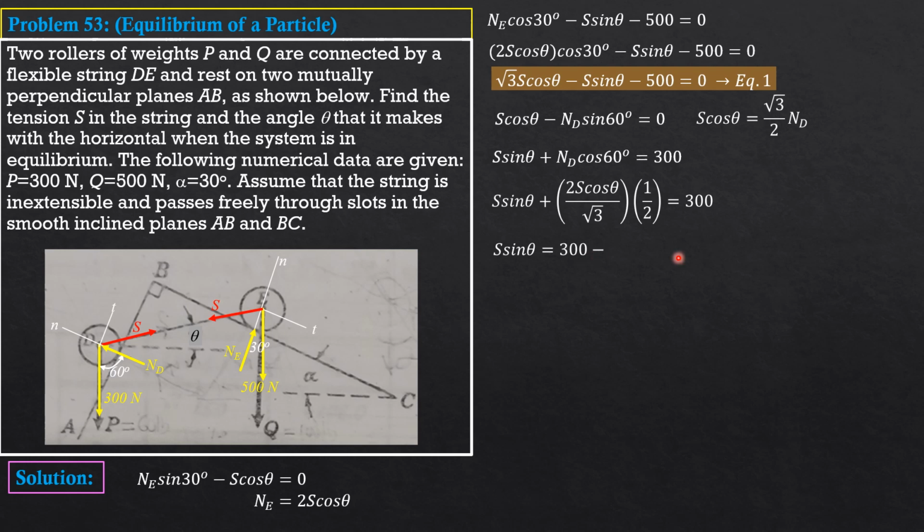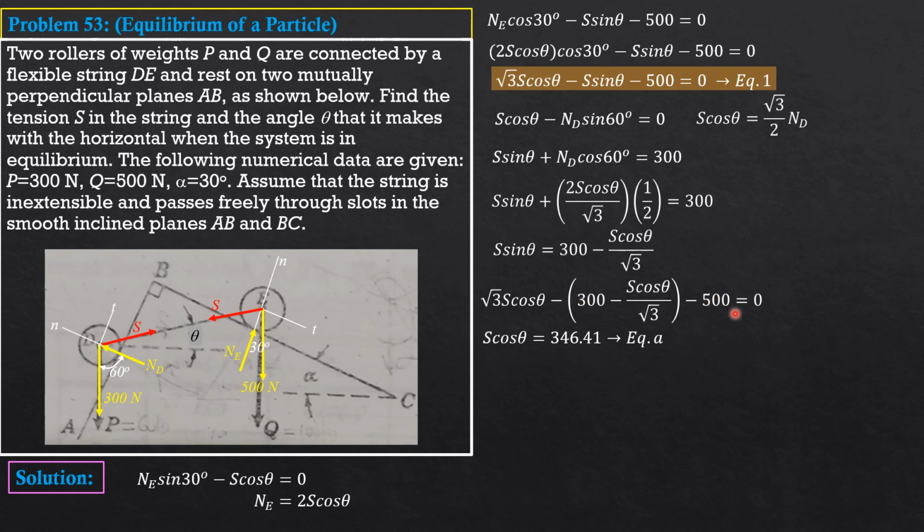Simplifying, S sine theta is equal to 300 minus S cosine theta over square root of 3. Let's substitute this into equation 1. So square root of 3 times S cosine theta minus S sine theta, which is equal to this, minus quantity 300 minus S cosine theta over square root of 3, minus 500 equals 0. From here we can solve for S cosine theta, using your calculator: 500 plus 300, so 800, divided by quantity square root of 3 plus 1 over square root of 3.